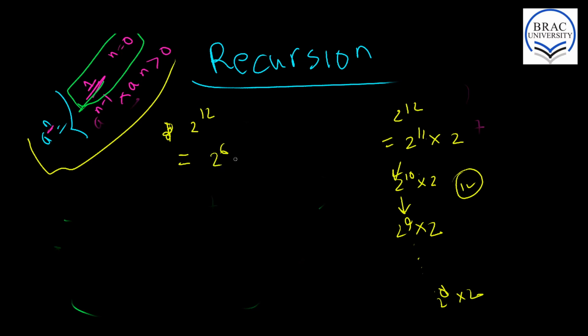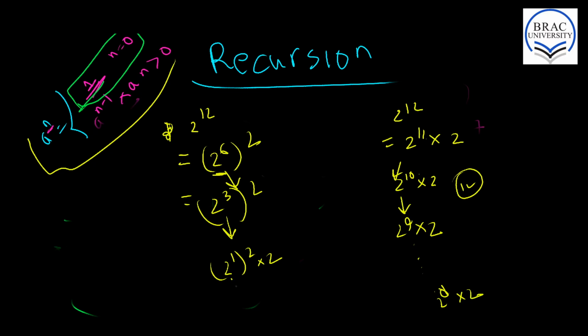If we just knew 2 to the power 6, we could just square it, right? And if we knew 2 to the power 3, we could just square it and then get 2 to the power 6. So now we need to know 2 to the power 3. If we knew 2 to the power 1, we could square it, then just multiply 2.